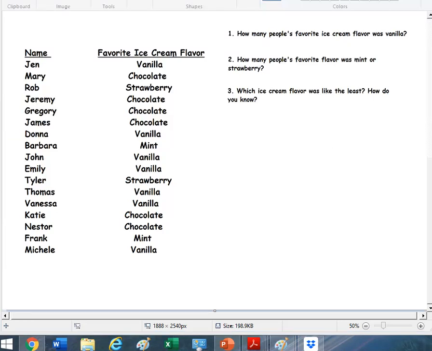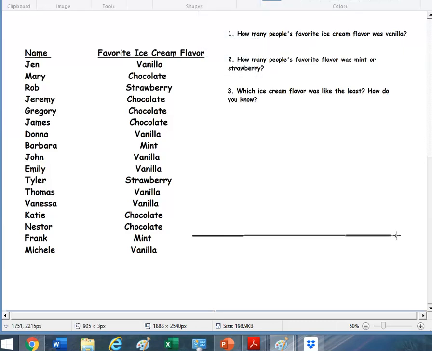Alright, so I have some data for you. It is the names of people in my family and their favorite ice cream flavor. So I'm going to make a line plot from this information. So remember, a line plot just looks like a number line.